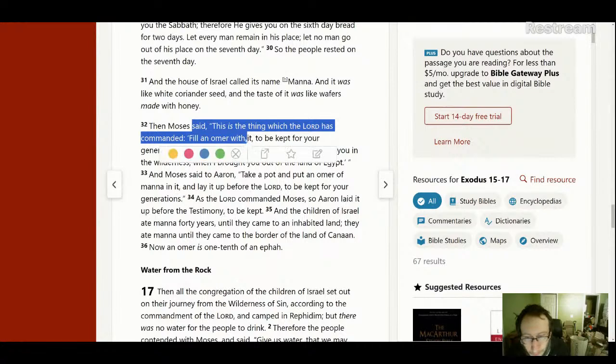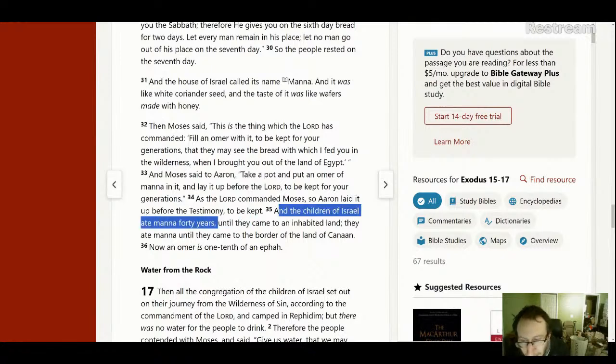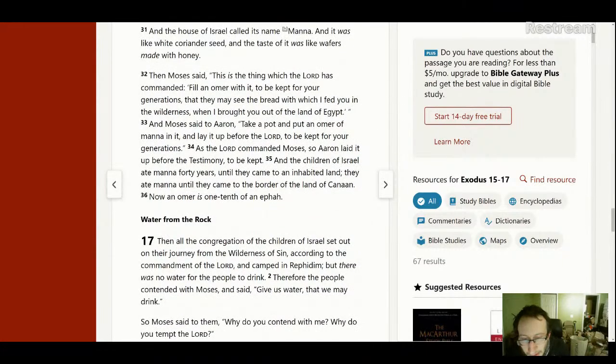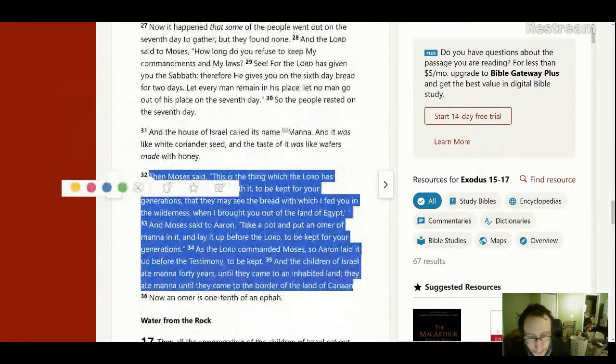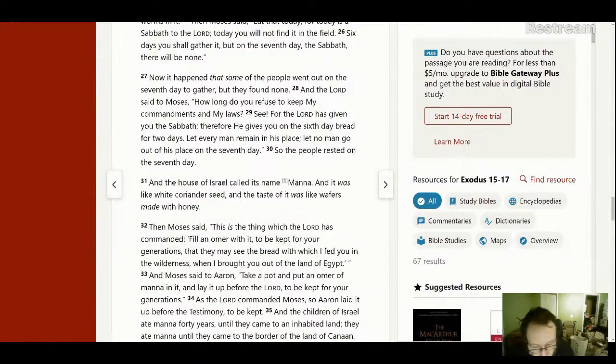Fill an omer with it." So as the Lord commanded Moses, Aaron laid it up before the testimony to be kept. And the children of Israel ate manna 40 years until they came to an inhabited land. They ate manna until they came to the border of the land of Canaan. So that's where it ended originally. That's a fitting end to the book.